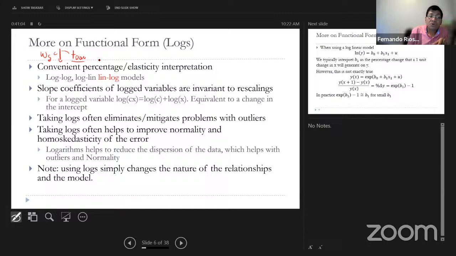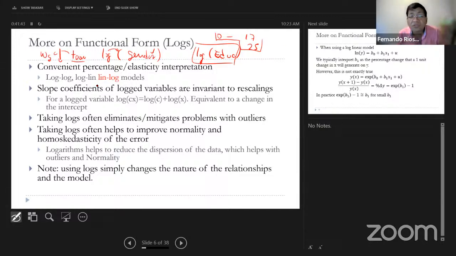But it wouldn't make sense to apply logs to something like gender, because this is a qualitative variable and it makes absolutely no sense to talk about the logs of this, or perhaps something like education, because education is not going to increase by much. There is only a certain range of values this variable could take, perhaps 25 nowadays. So it doesn't make much sense to apply a log function to this variable.